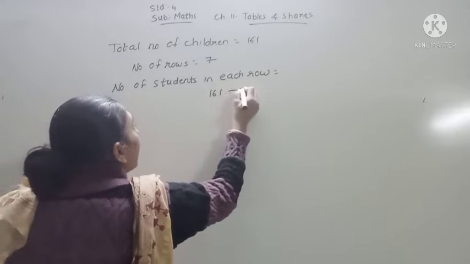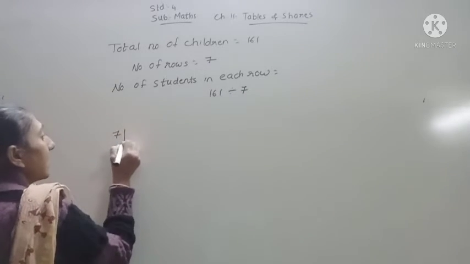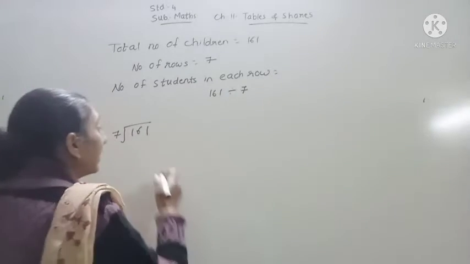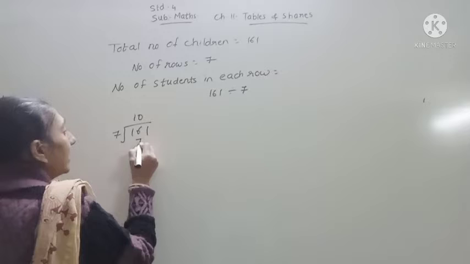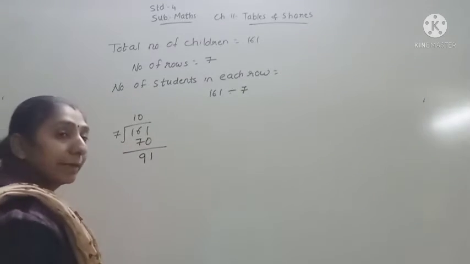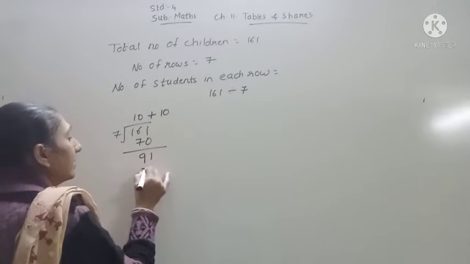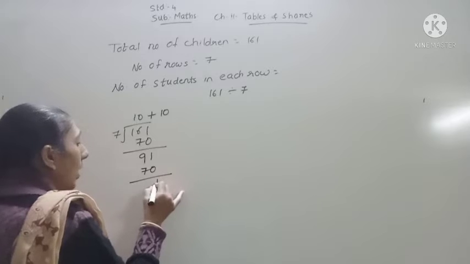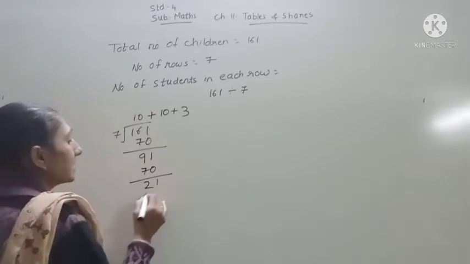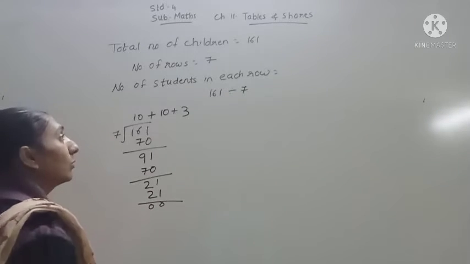161 divided by 7. Now let us divide 161 by 7. Now 7 tens are 70. 1 9 91. Again 10 tens are 70. 1 2 plus 3. 7 threes are 21. 0 0.